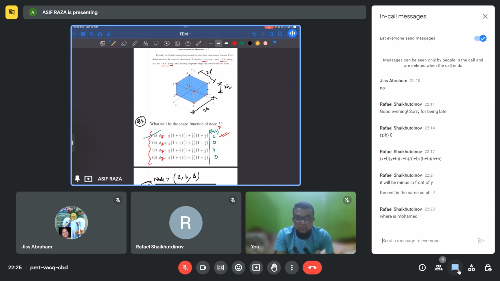Or rather, okay, I'll make it more complex. Along x-axis and y-axis, it is minus L by 2 to L by 2, minus B by 2 to B by 2, and in z-axis, it is minus H to H only.